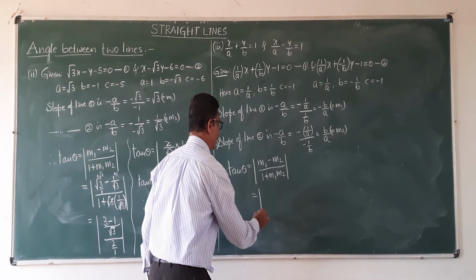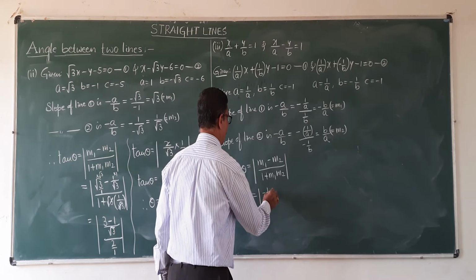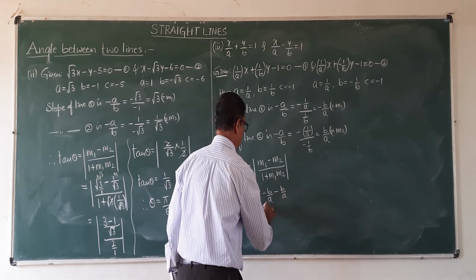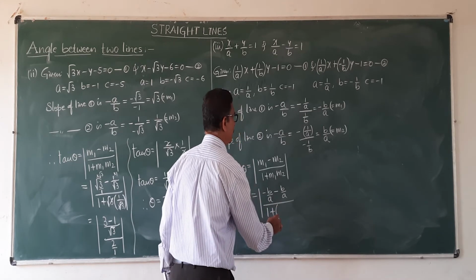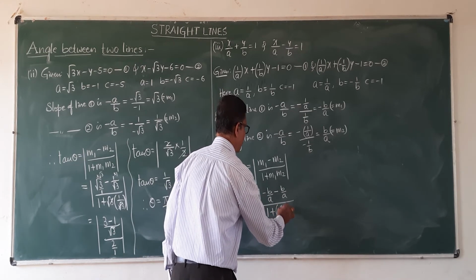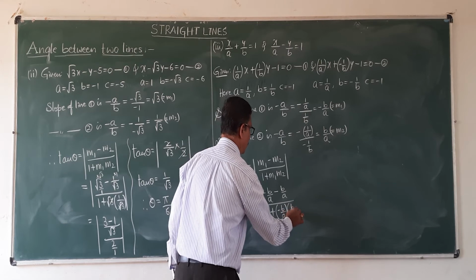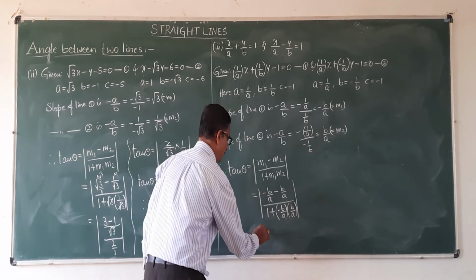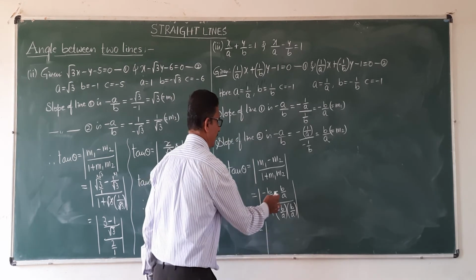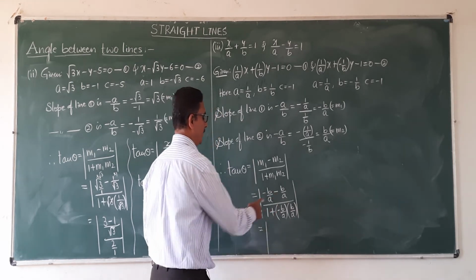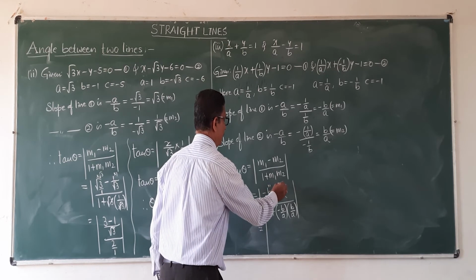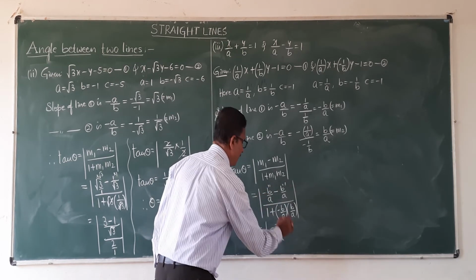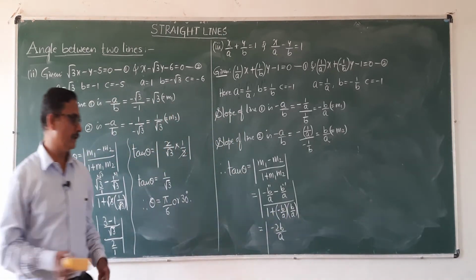Substituting the value. m1 value minus b by a, m2 value b by a, divided by 1 plus m1 value minus b by a, m2 value plus b by a, right? So simplify, that is equal to, in the numerator take the LCM. LCM is a, multiply by 1, here multiply by 1, minus b minus b, that is minus 2b by a, right? Minus 2b by a.